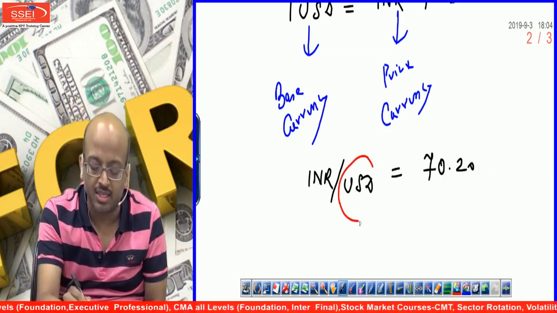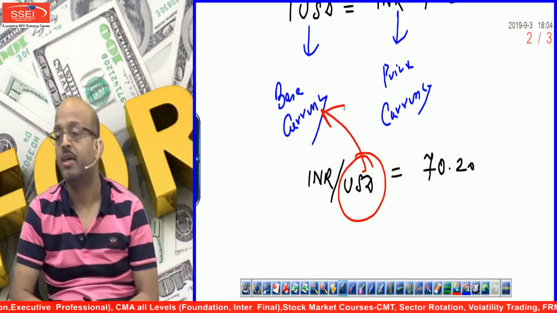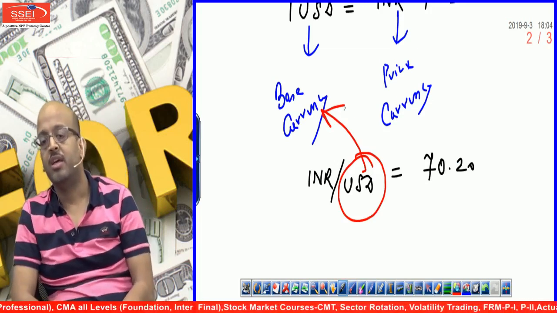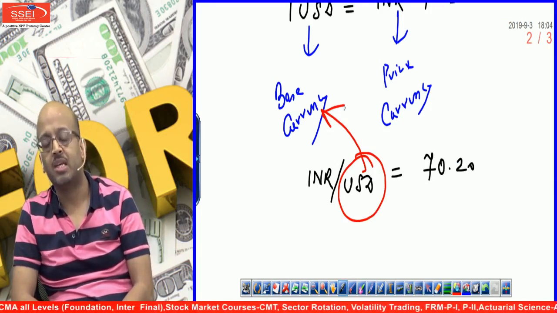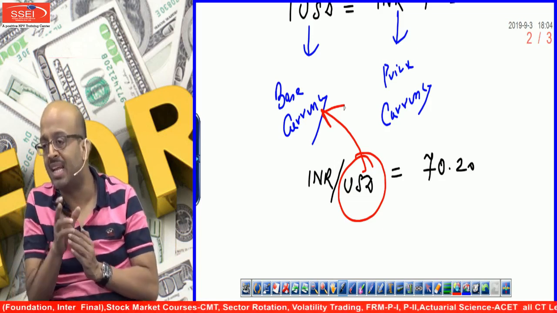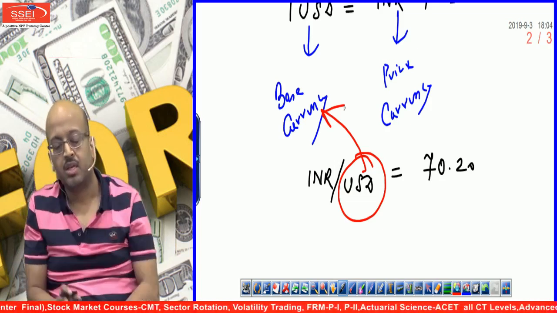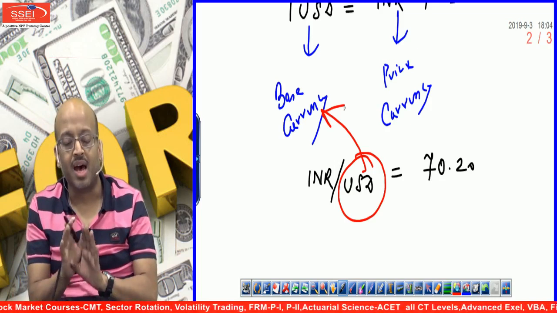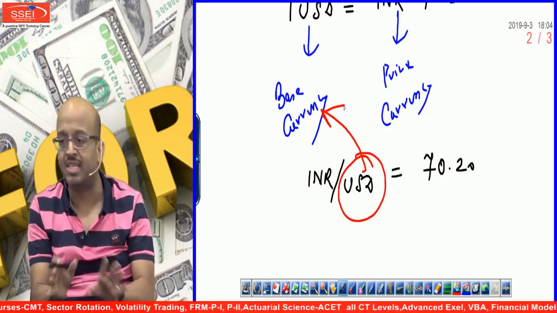I'm just circling this part. Look, base. You also do that in your copy, please? Okay, I'm trying to show, look, base currency is the denominator one. 90% of the time ICAI writes the quotation as this.